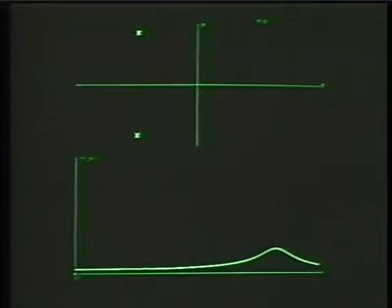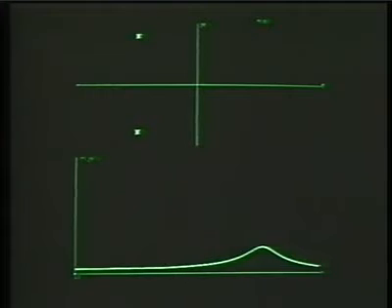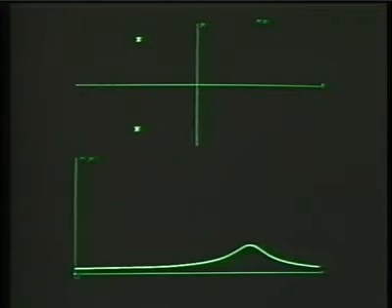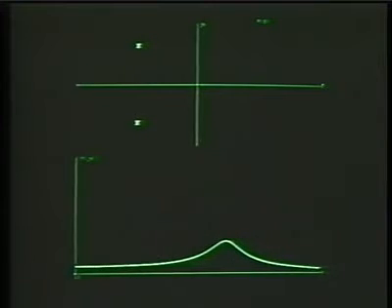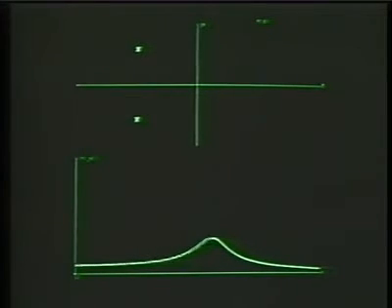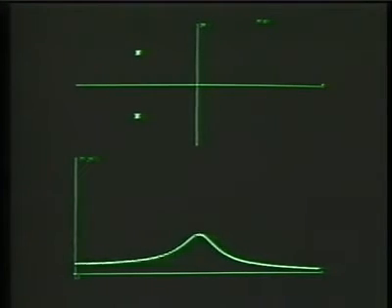And so let's now see that. And here we are back at the frequency that we started at. Now we'll move the poles even closer to the real axis. The frequency location of the resonance will continue to shift toward lower frequencies.